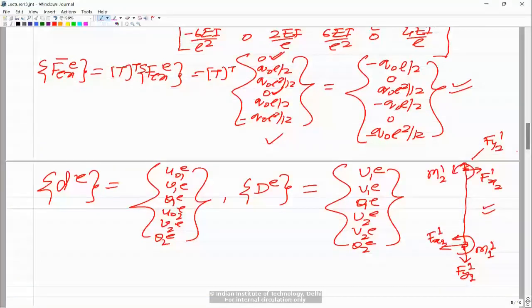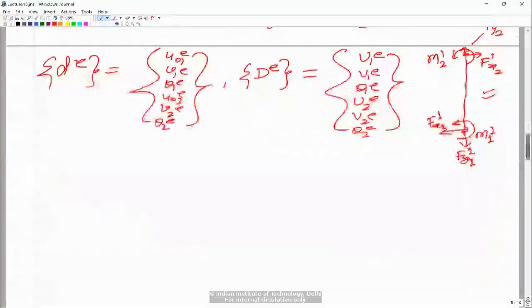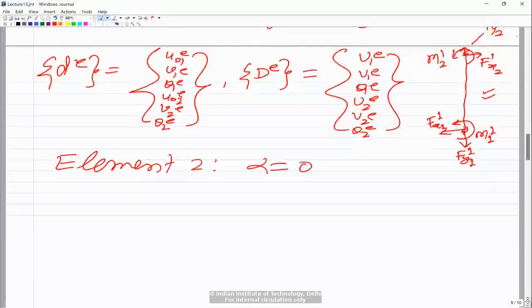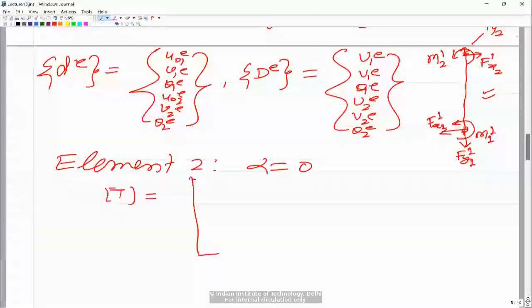Now if you look at element number 2, because I have already said the global x-axis and the local x-axis are in the same direction, the angle alpha is equal to 0. So the transformation matrix T would be identity.